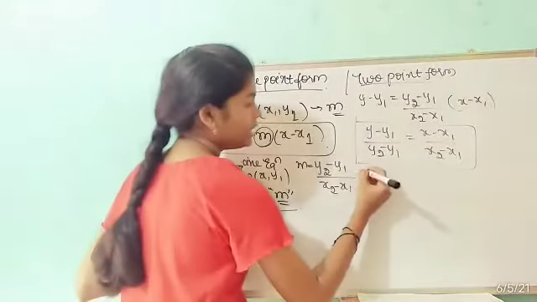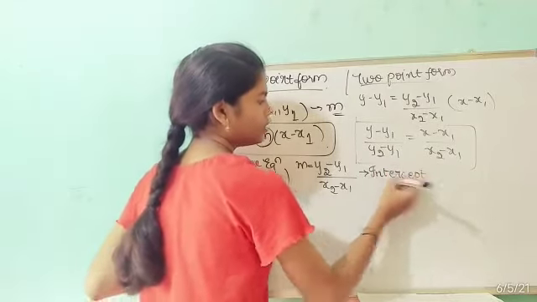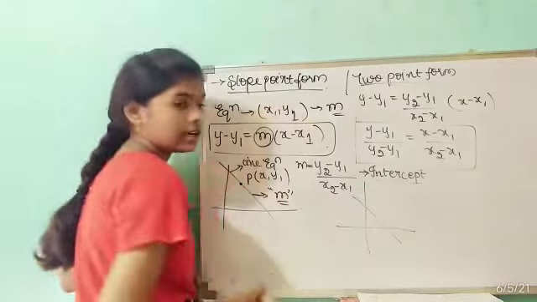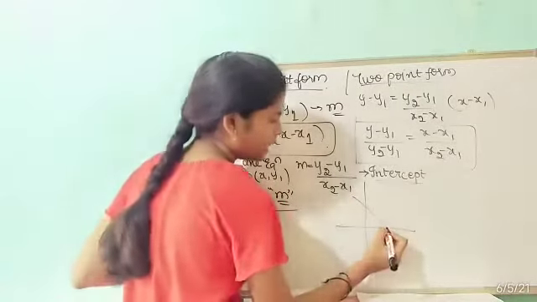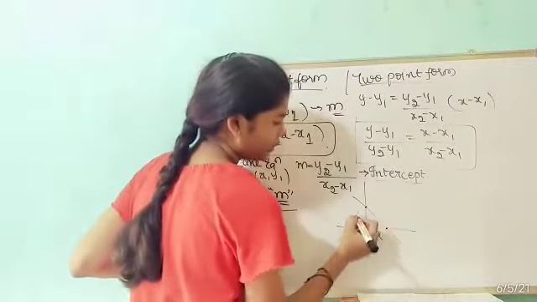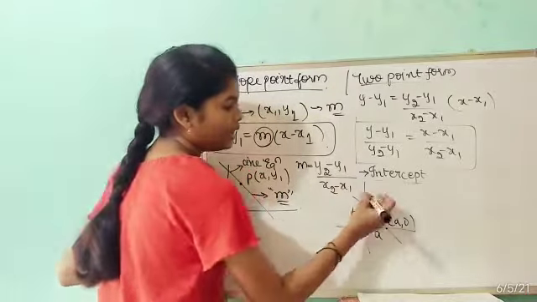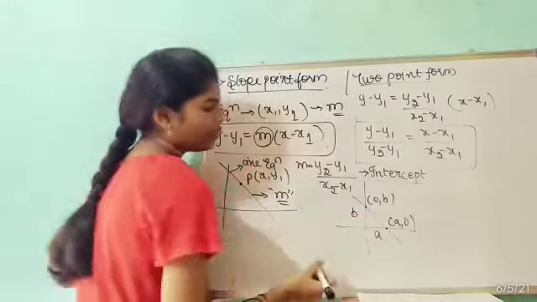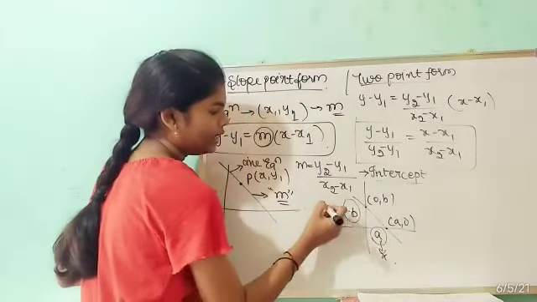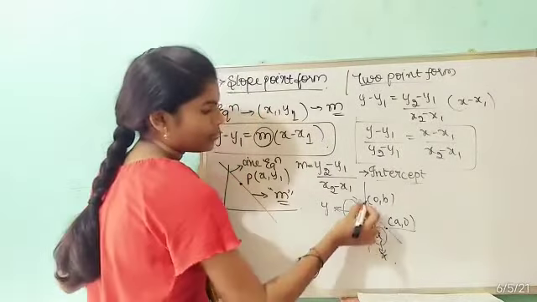If you want to see the intercept form, intercepts are nothing but, suppose this is a coordinate axis. If there is a line which is intercepting at 2 points with the axes, and if this point is at distance a, it will be a comma 0. If it is at distance b, it will be 0 comma b. So this a and b are known as the x-intercept and the y-intercept, the distance from the origin on the x-axis and the distance from the origin on the y-axis.